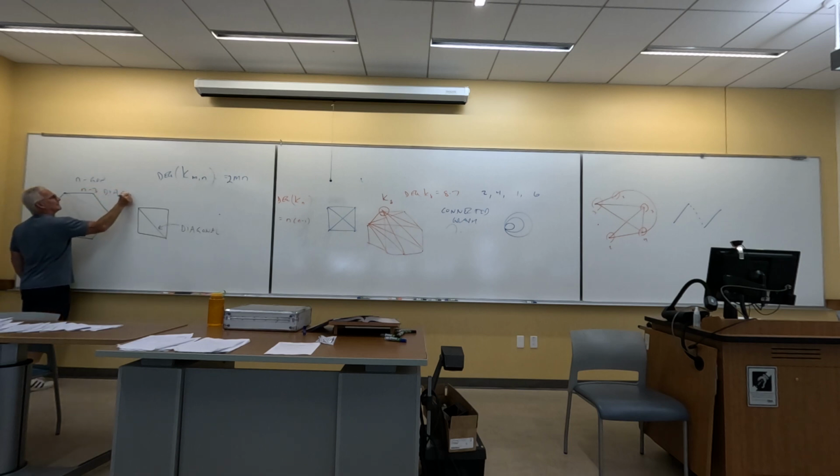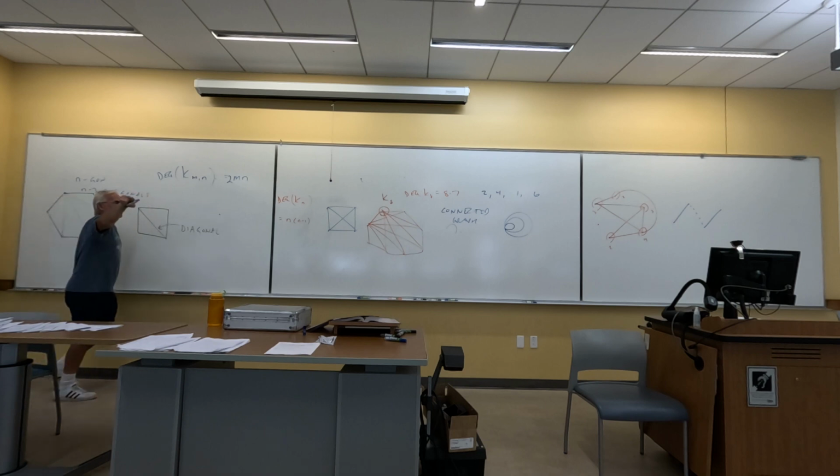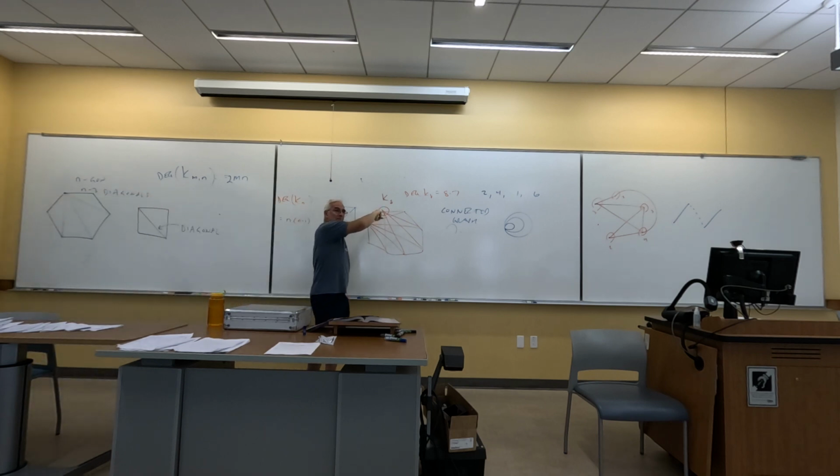Why n minus 3? Well, you're the one that said there were n minus 1 edges that I could leave that vertex with. But if 2 of them are already taken by the outer part of the polygon, then n minus 3. In a triangle, how many diagonals are there? In a triangle? 0. None. Oh, n minus 3.